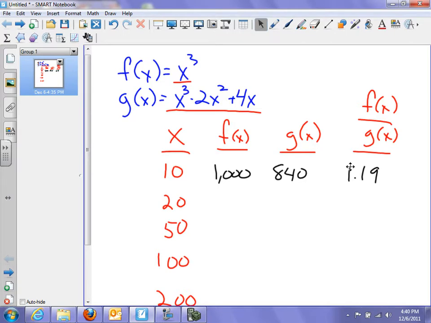Now let's go over to 20. Well, 20 cubed is 8,000.